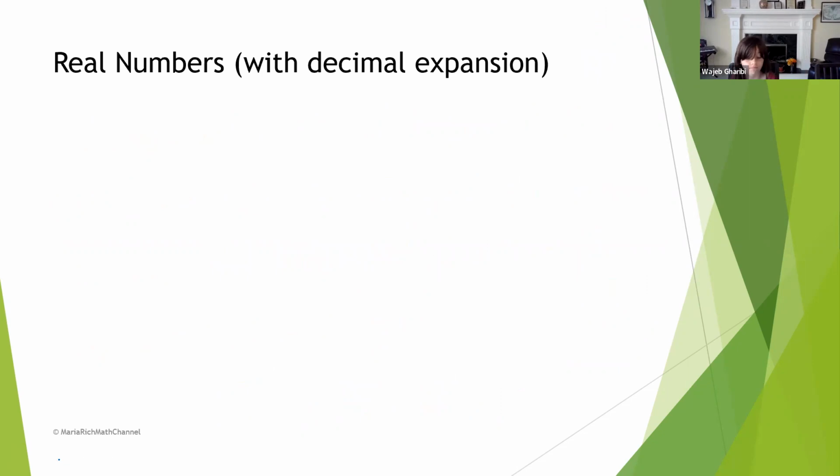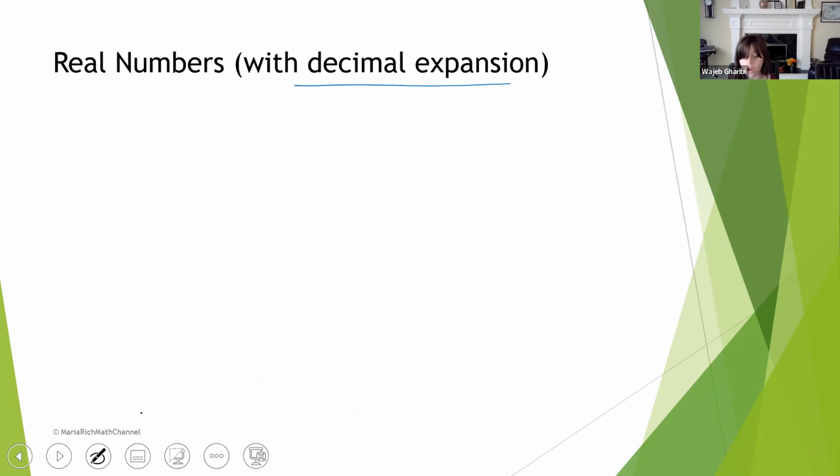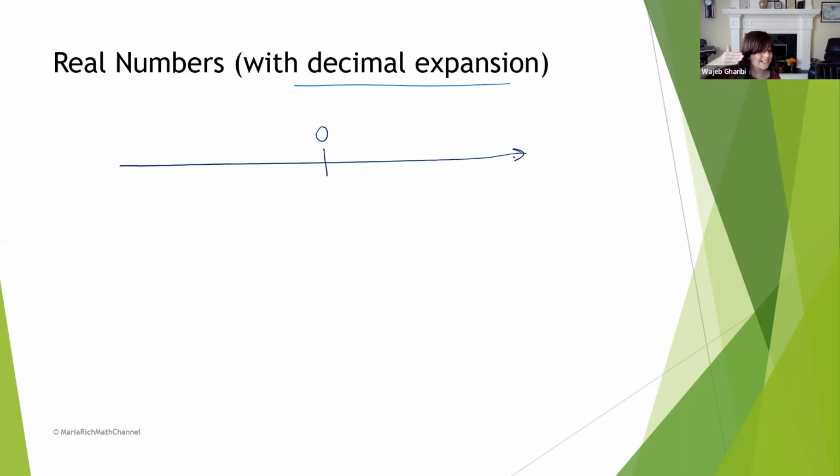What are real numbers? Real numbers are numbers that can be found on the number line. They can be large, small, positive or negative, decimals, fractions, etc. On the number line, here is 0, and here 1, 2, 3, and so on in the positive direction, and in the negative direction -1, -2, -3, and so on, up to negative infinity.